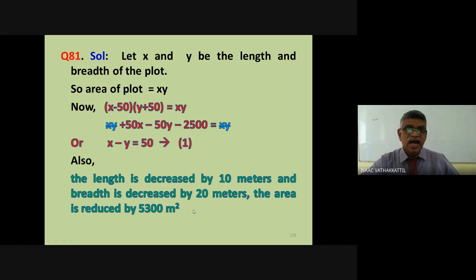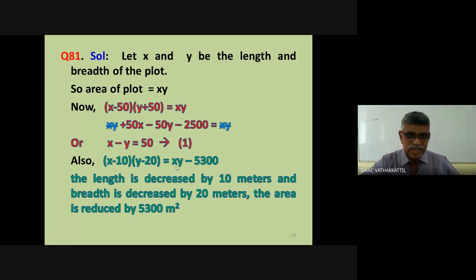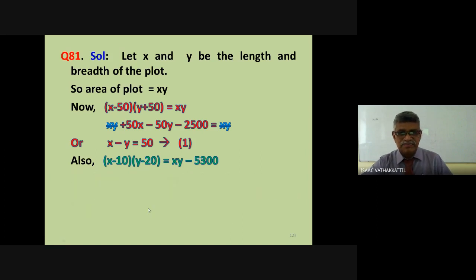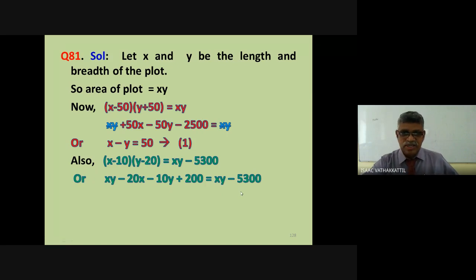That means x is reduced by 10 meters and y is reduced by 20 meters. That means (x minus 10)(y minus 20) from the original area xy is reduced by 5,300 square meters. So what we get here is xy minus 20x minus 10y plus 200 equal to xy minus 5,300.